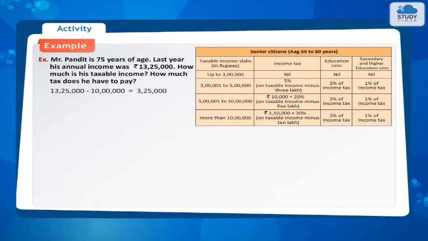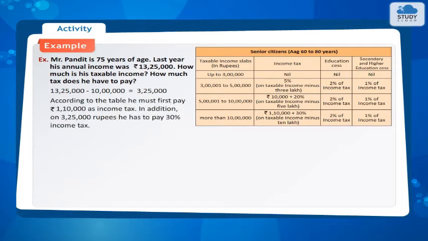13,25,000 minus 10 lakhs is equal to 3,25,000. According to the table, he must first pay Rs 1,10,000 as income tax. In addition, on 3,25,000 rupees, he has to pay 30% income tax.